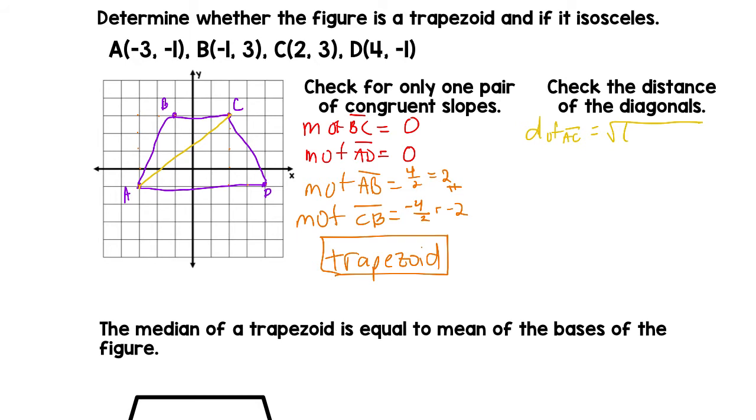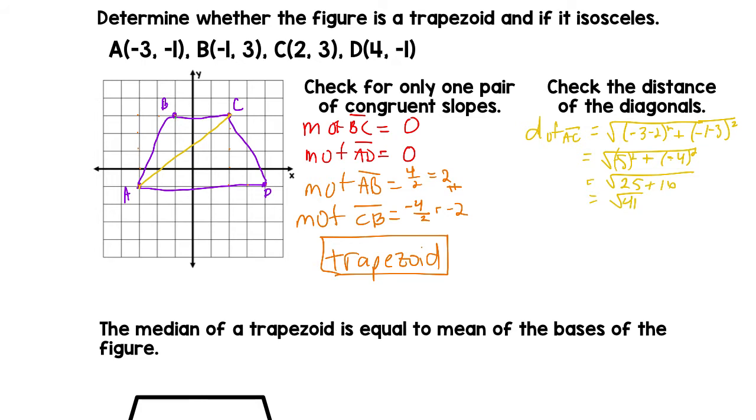The difference in the x's, -3 minus 2 squared, plus the difference in the y's, -1 minus 3 squared. That is -5 squared plus -4 squared. That is 25 plus 16. That's the square root of 41.